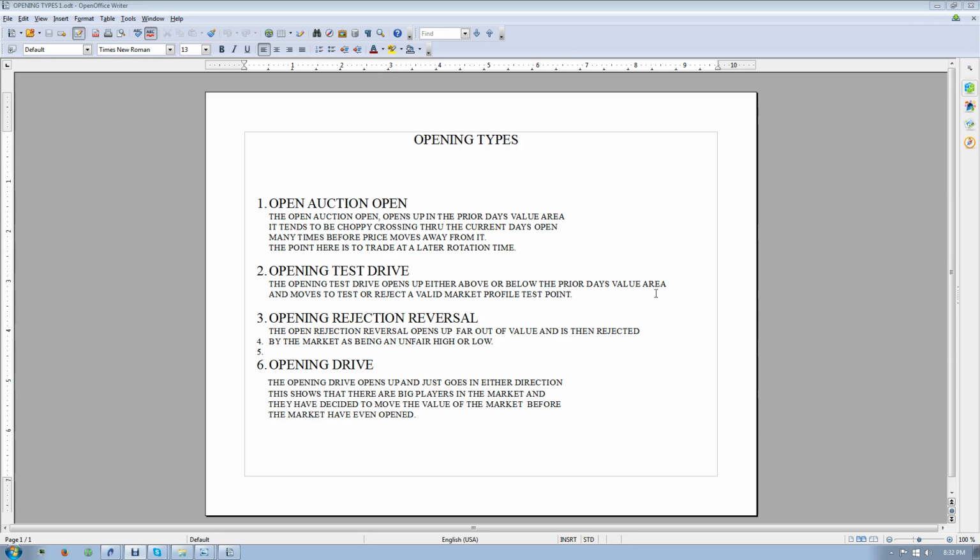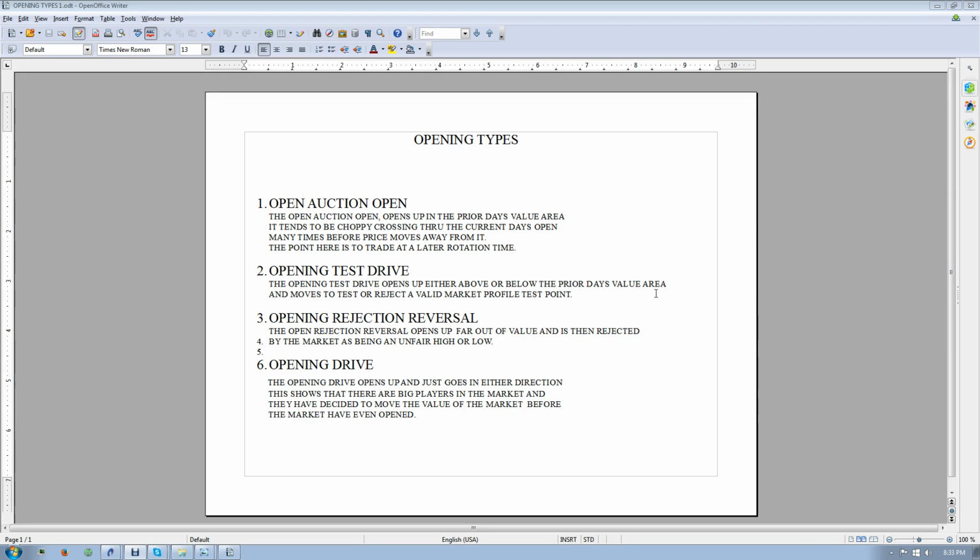And the point here is that the opening test drive moves to test a valid market profile point, a high or a low, a value area high, a value area low, a point of control, or something like that. And then it either tests it and it holds, or it rejects it and turns around. I'm going to show you some of these here in a minute.